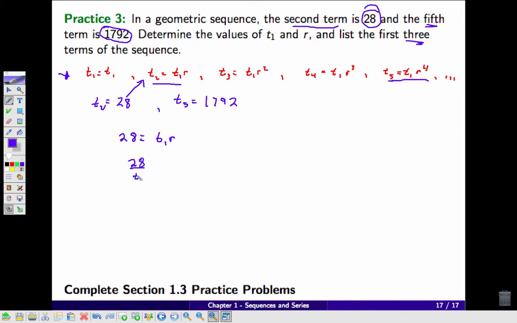I'm going to be looking for R, so I'm actually going to solve for R here. We don't know what T1 is, but that's okay because we have two equations. Okay, so that's equation 1, similar to the last question we did in the previous section. And now for this next one, we have 1792 equals T1, which we don't know, and R to the 4.